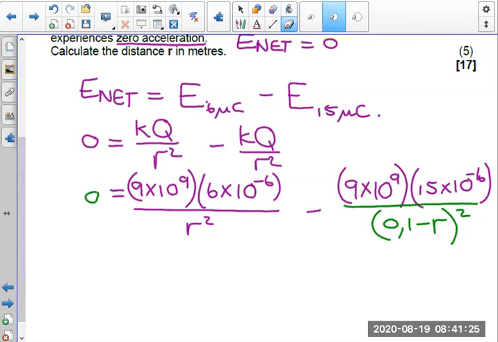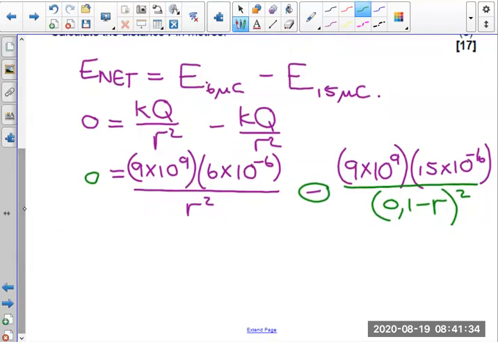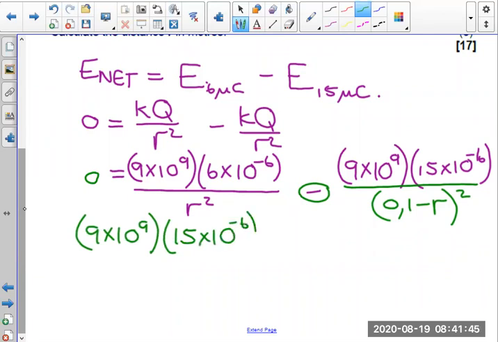Now let's quickly fill in the rest. If I take this whole thing, this is the minus, and I'm going to take it over the equal sign. I'm going to have 9 times 10 to the power of 9. It becomes positive. 15 times 10 to the power of minus 6.